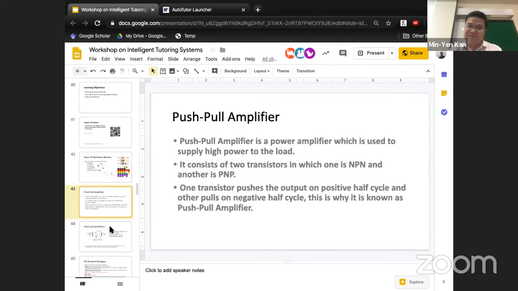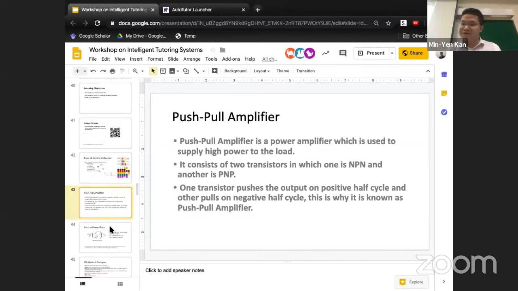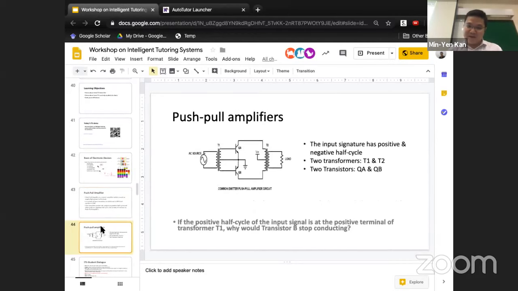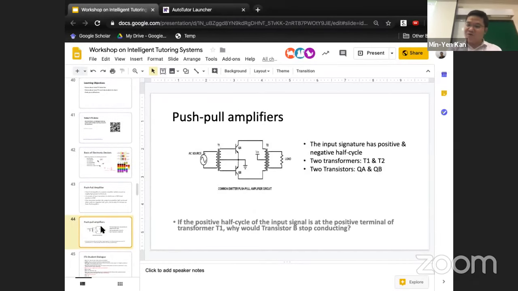So this is a push-pull amplifier, with two transistors. One transistor goes on the positive half cycle, and one on the negative half cycle. And here is the question.